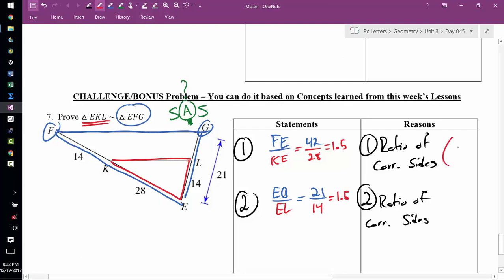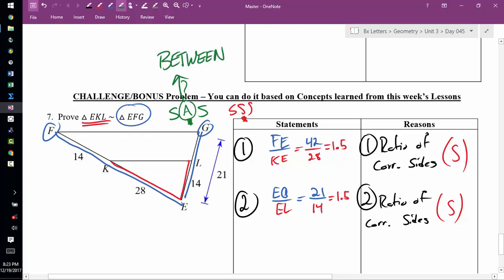And I'm just going to bolster the fact by saying that's a side fact and a side fact. I know this can't be side, side, side, because I know nothing about that third side. This is going to have to be an angle thing. And I'll tell you what, if you were persisting and using your gut, you know that angle has to be between the sides you're using. That's why I said persist.